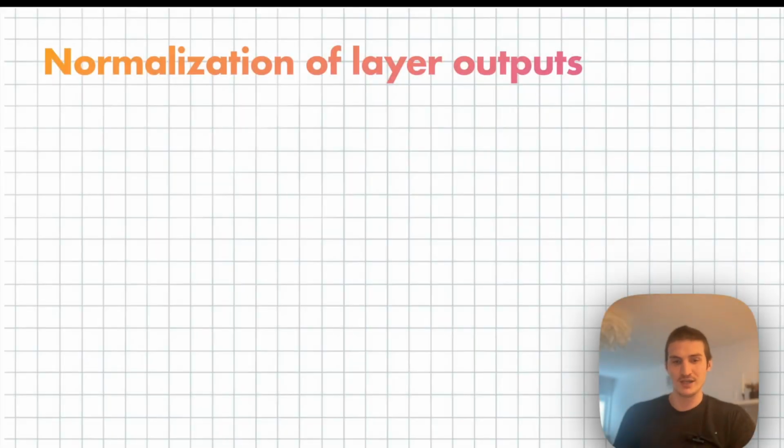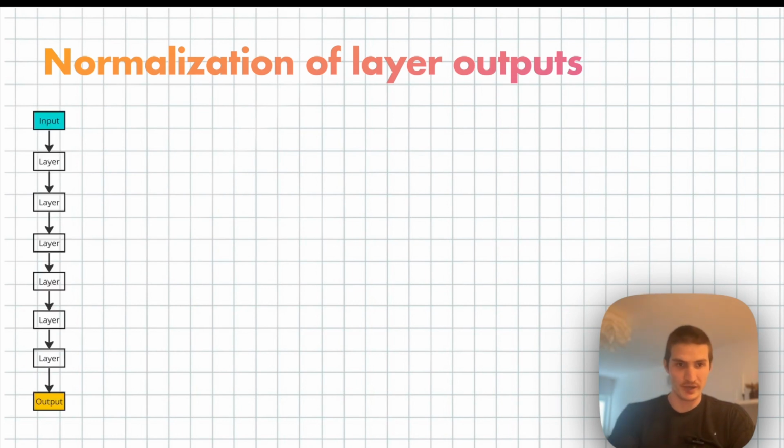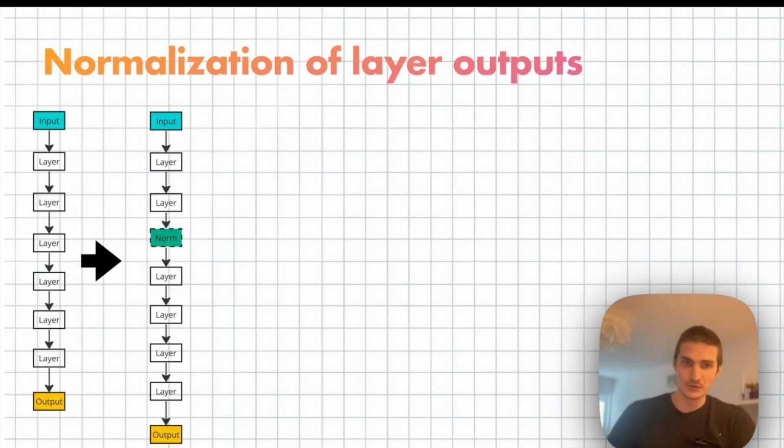Apart from normalizing model input, we might also want to normalize inputs to individual layers. And that might help with convergence, because if we look at this layer here, for example, we can think of it as an independent component that receives some inputs, and these inputs will have some distribution.